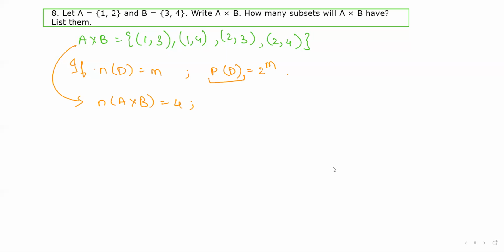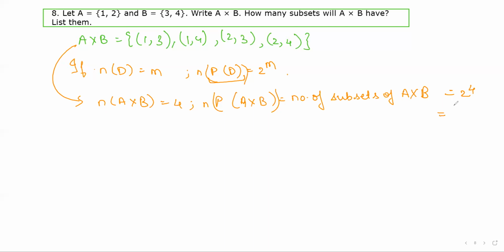Therefore, the number of subsets of A cross B, meaning the number of elements in the power set, is equal to 2 to the power 4.